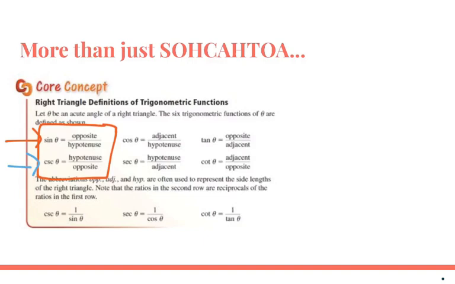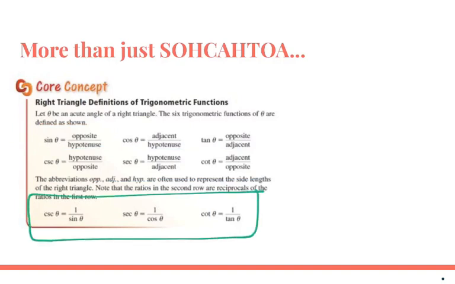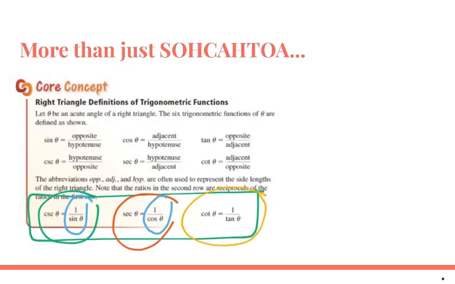It's just that these ones, the bottom row ones, are just the flip-flop of the one that they pair up with. And that's what this bottom part down here is telling you. It's just saying, hey, cosecant is just the reciprocal of sine. And it's just saying over here, secant is just the reciprocal of cosine. And over here, it's just saying cotangent is the reciprocal of tangent.